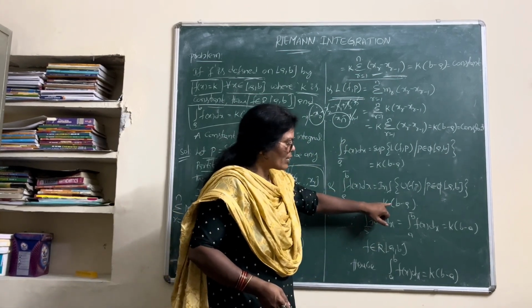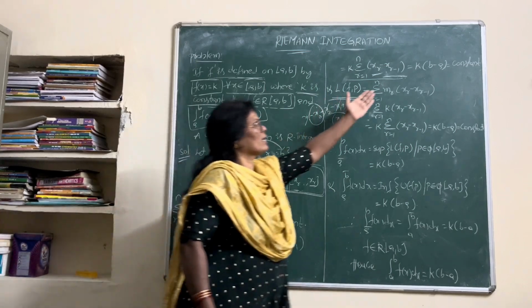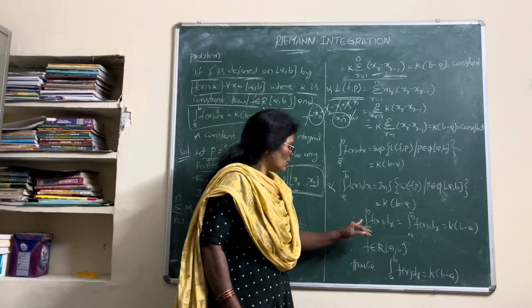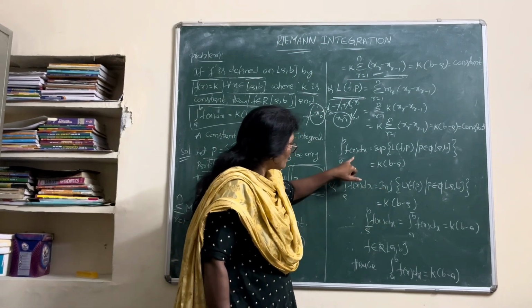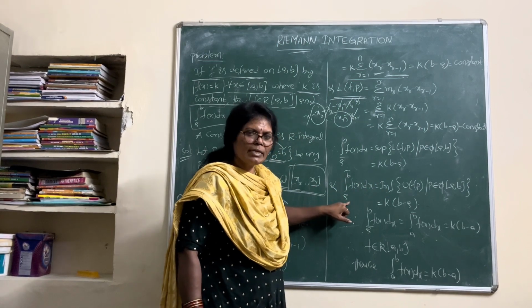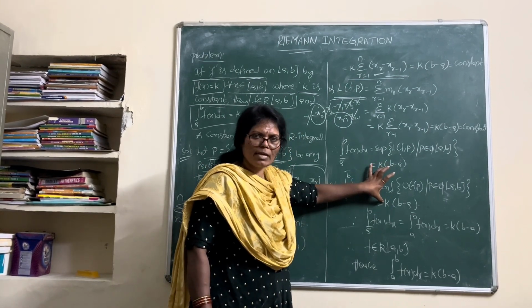Here we can take k into b minus a, because U(f,P) is also k into b minus a. So the lower Riemann integral is k into b minus a, and the upper Riemann integral is also k into b minus a. Both are the same values.